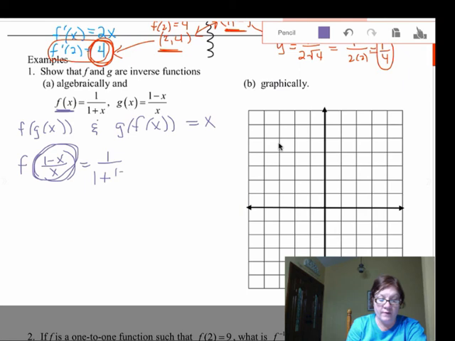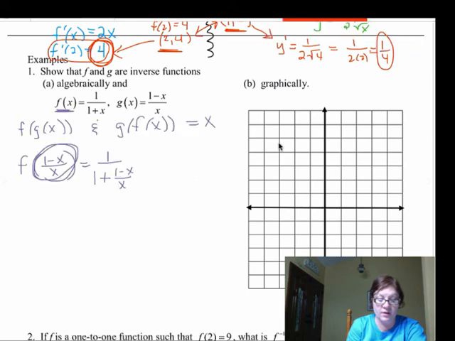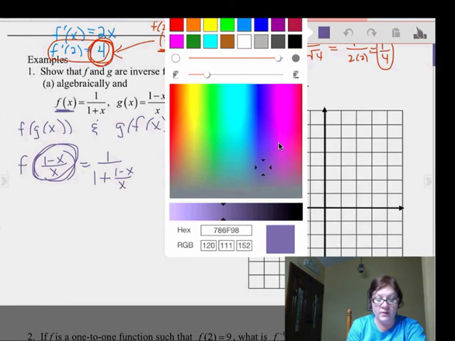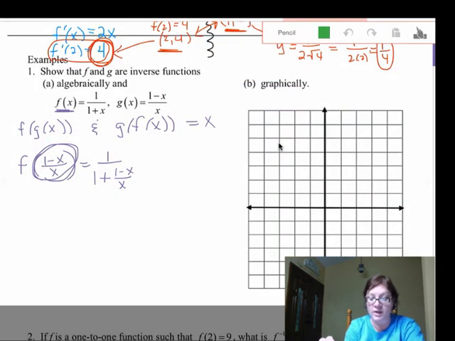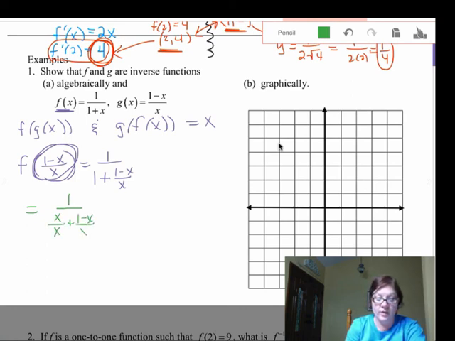So I'm going to have 1 over 1 plus, and now I'm substituting this stuff in, 1 minus x over x. Oh my goodness, this is going to be a big, fat, scary mess. So let's see, a common denominator.